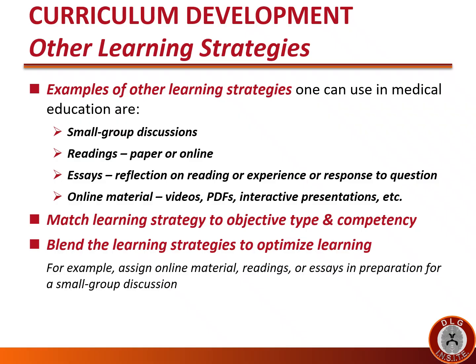As I've said before, one should match the learning strategy to the objective type and competency. And one should blend the learning strategy to optimize learning. For example, you can assign online material, readings, or essays in preparation for a small group discussion.